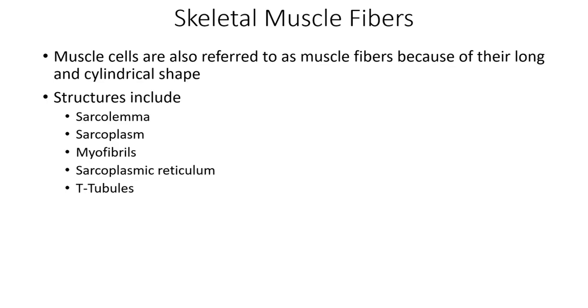So structures of skeletal muscle fibers include the sarcolemma, sarcoplasm, myofibrils, sarcoplasmic reticulum, and T-tubules. Some of these terms might sound slightly familiar from earlier lectures about cells, and there's a reason for that.